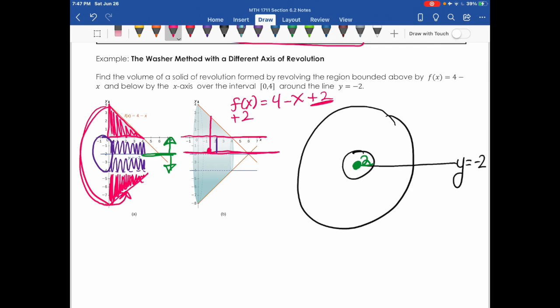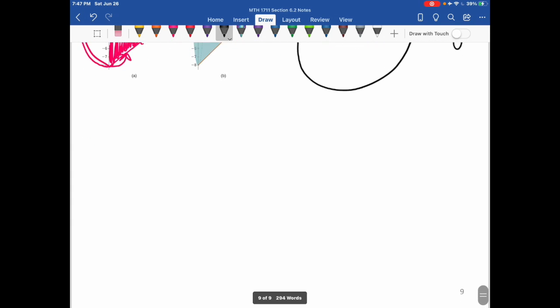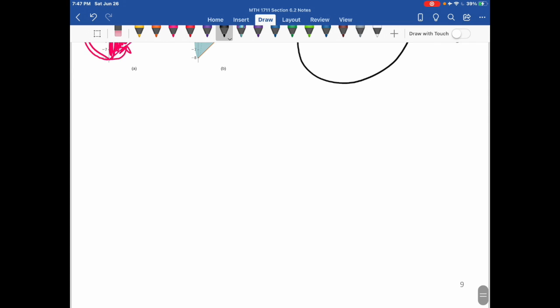And this is why it's tricky, and you really have to understand the picture. So we're going to add 2 to that function to get our radius. So the radius from the center all the way out is going to be f of x plus 2, which is 4 minus x plus 2, which would give us 6 minus x.